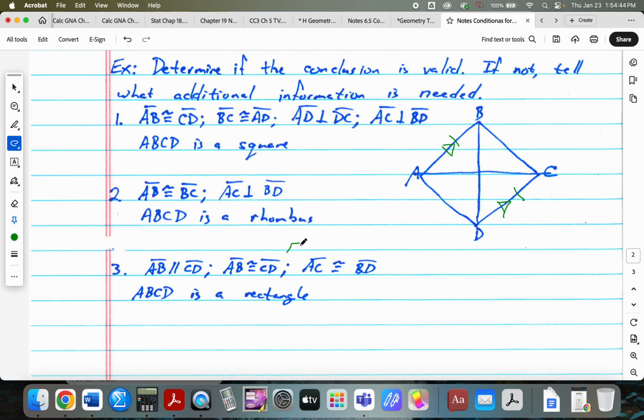So at this point, I know it's a parallelogram. And I know that AC is congruent to BD. Which of the parallelograms has congruent diagonals? A rectangle, that's exactly right. So this is valid.